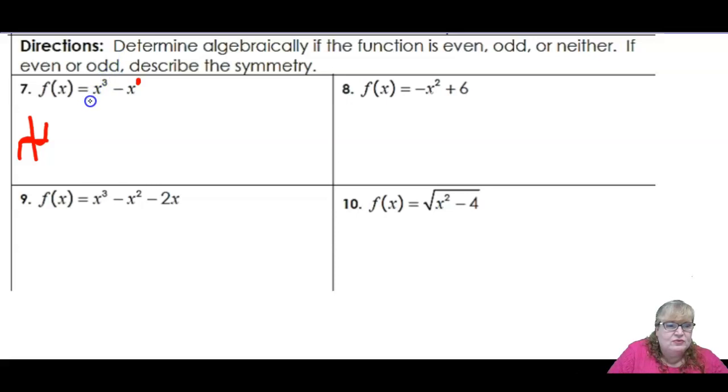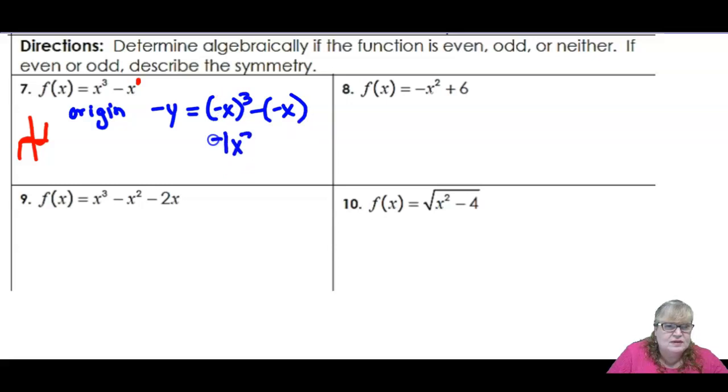The odd or origin symmetry test, I could go through all of them, it's kind of painful, but I think it's origin symmetry. So the test for that is change both. This f of x becomes the opposite, and all of these x's become the opposite. And then we see what happens. Well, when you cube a -1, it's still a -1.